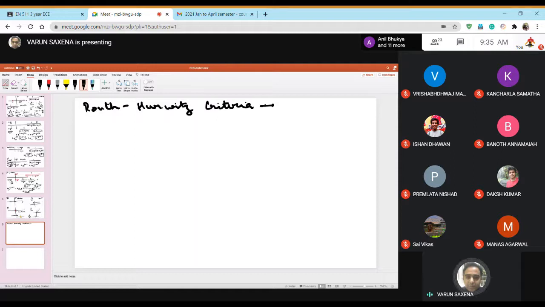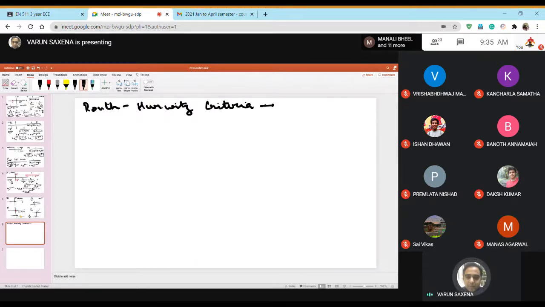There are two things I want to say before we start doing this. Number one is, I repeat again that Routh-Hurwitz criteria tells you whether the system is stable or not stable. It cannot give you how stable a system is, to what extent it is stable. And the second thing is, it does not tell you where the poles are located.